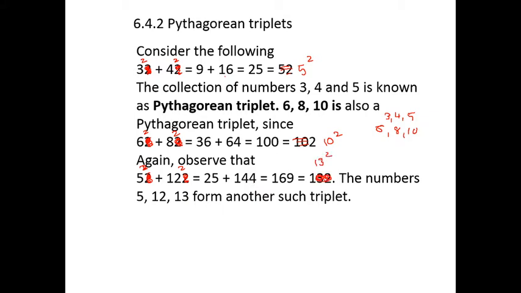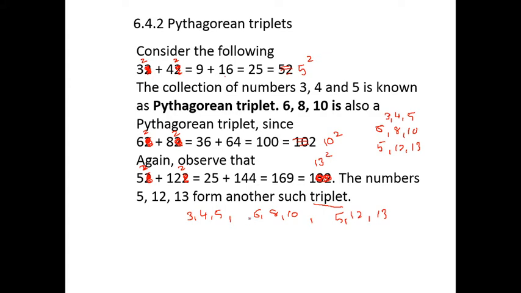So 5, 12 and 13 is another triplet. We have discussed 3 triplets: 3, 4, 5; 6, 8, 10; and 5, 12, 13. We can find more triplets related to it.